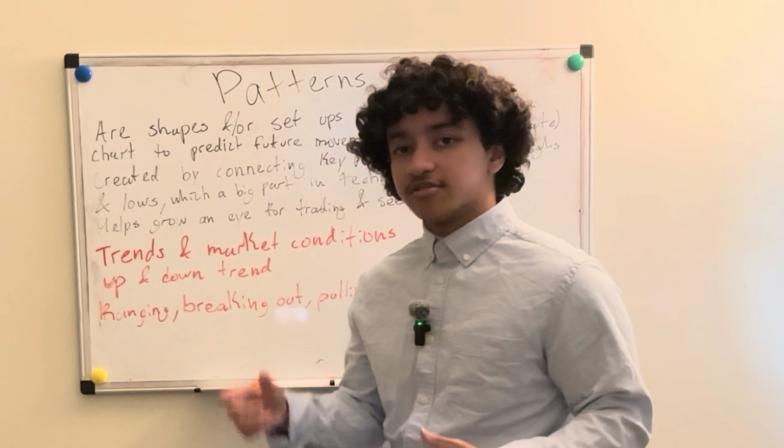That is an uptrend. Now we have a downtrend, which is formed by lower lows and lower highs, lower highs, lower highs. Both trends, uptrend and downtrend. Now we have different kinds of market conditions, ways the market can move.